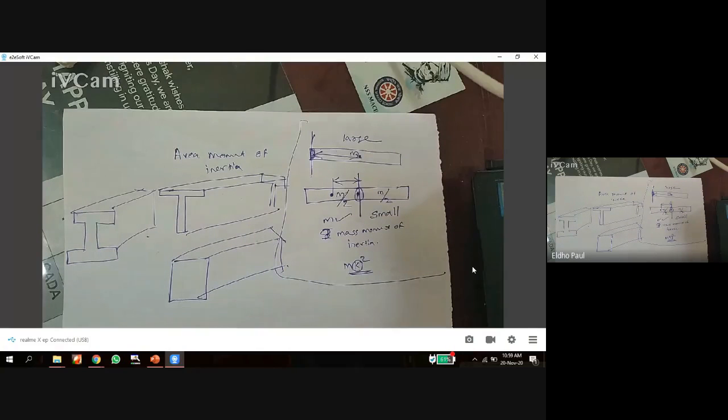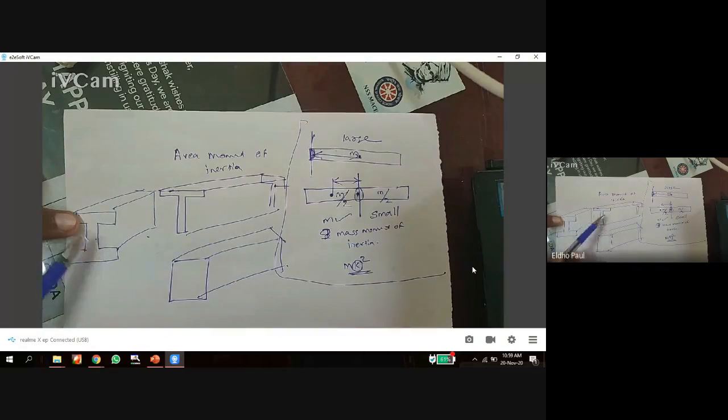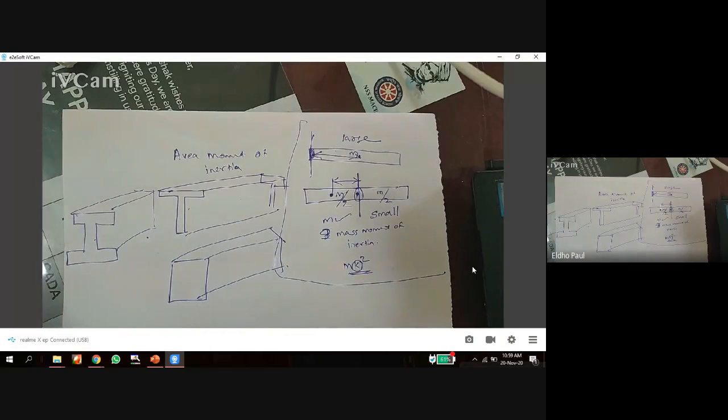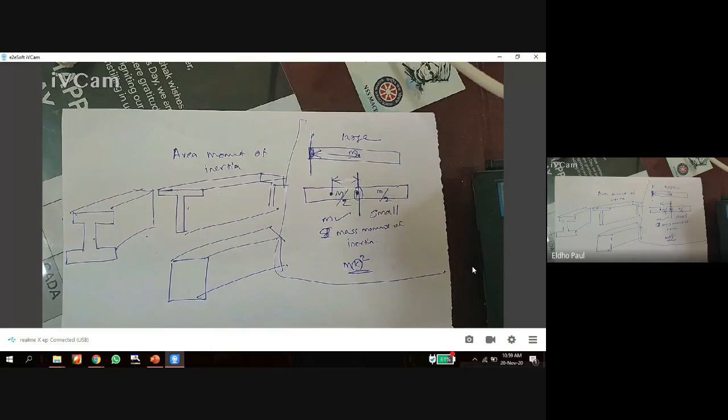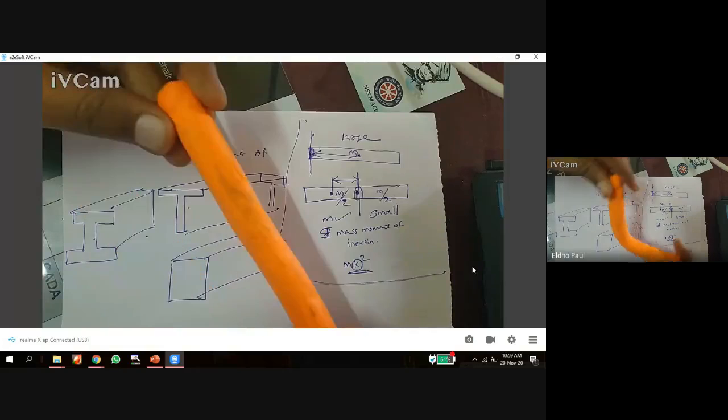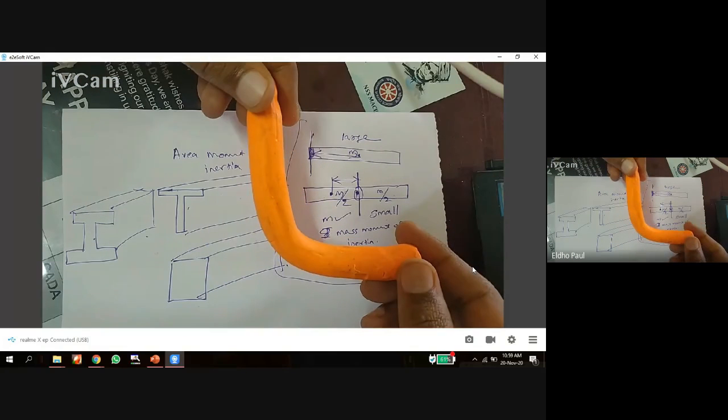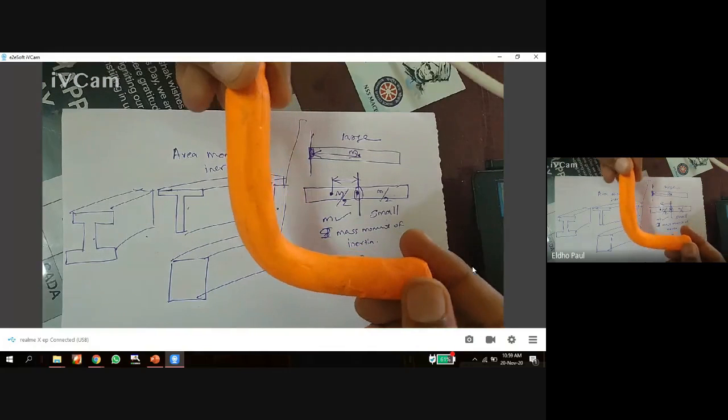Which one has difficult bending? If the mass and area of cross section are the same for I, T and rectangular cross sections, then which one offers more resistance against bending? Which cross section offers higher bending resistance?